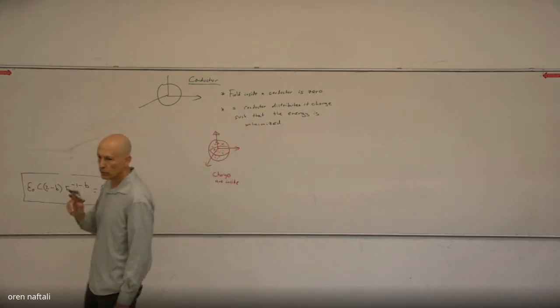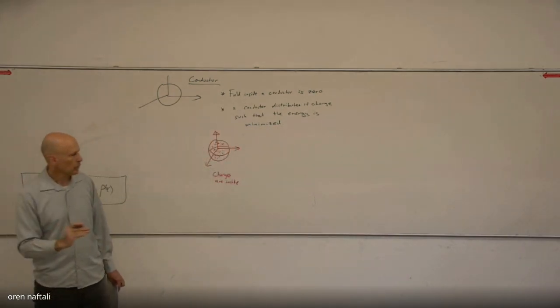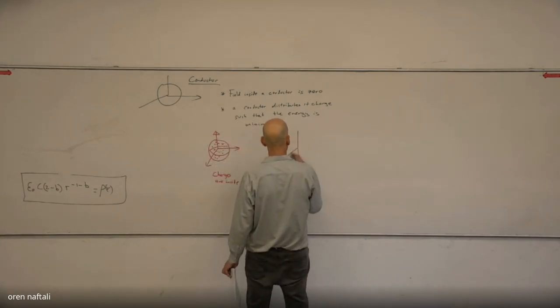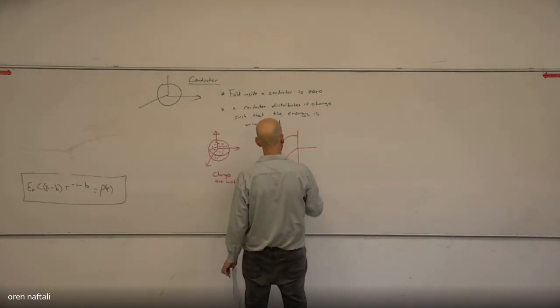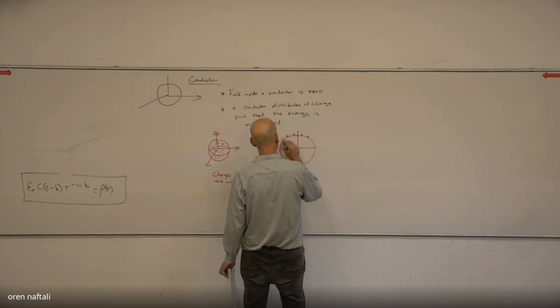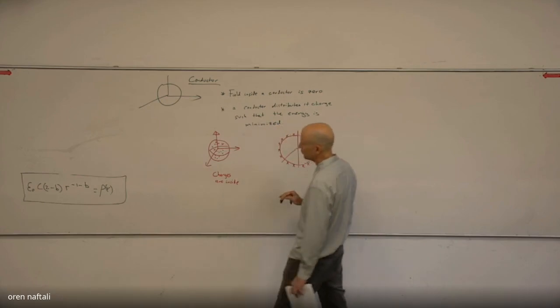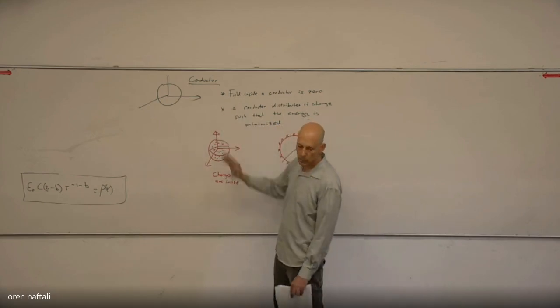Where are the charges of a conductor? They are on the surface. Then I have another sphere, and I'm going to use symmetry here also, that the charges are on the surface. And for simplicity, let us assume they are uniformly distributed, also here uniformly or radially distributed.